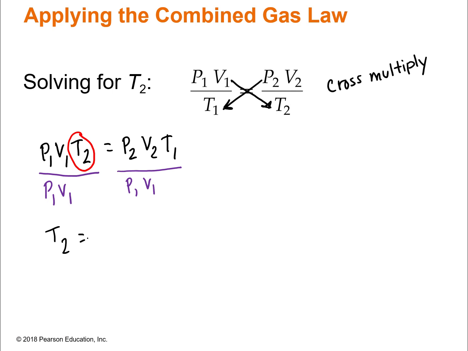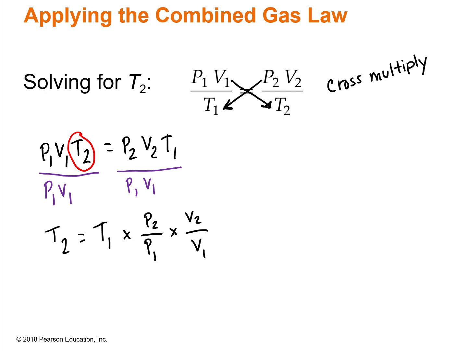The way that I like to write this, I pull the temperature out, I group the pressures together, and the volumes together. That way I can see, okay, my pressure units cancel out, my volume units cancel out.